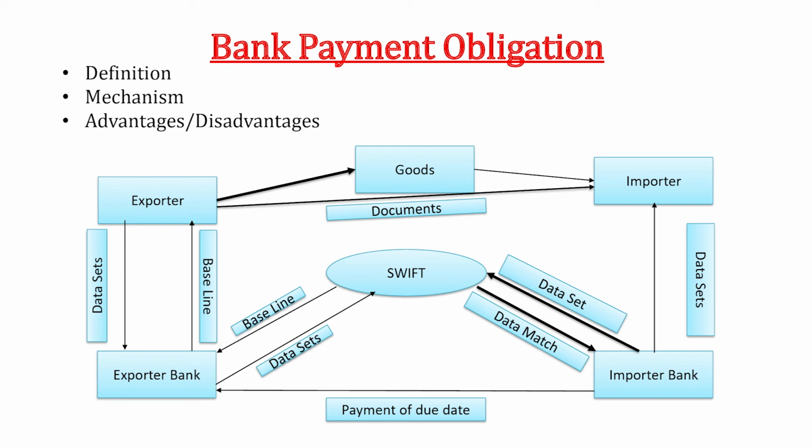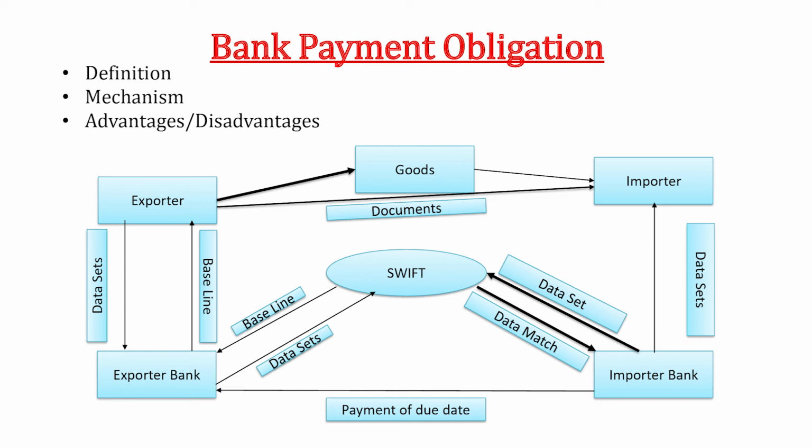And the importer wants a credit period of 30 days, 60 days, 90 days, but he does not want to open an LC. In those situations, or in future, when you want to use bank payment obligation, the importer has to go to the importer's bank and arrange a baseline. Baseline means a data set relating to the underlying trade transaction. So the importer's bank will feed this data to SWIFT.